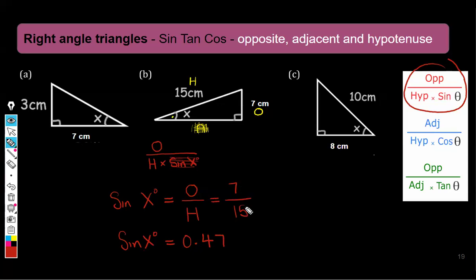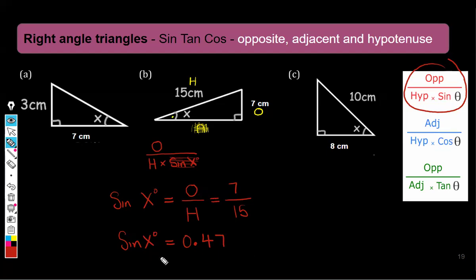They say 15 divided by 7. 7 divided by 15 is 0.47. Check it back. You have to press the 7 first, then divide by 15. I don't know why some people just type it in the wrong way by mistake.